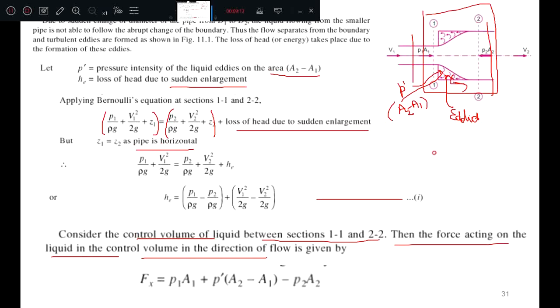The eddies act like this, along the direction of flow, so P dash into A2 minus A1, minus the pressure force at section 2, which acts opposite to the direction of motion of the fluid, that is P2A2.